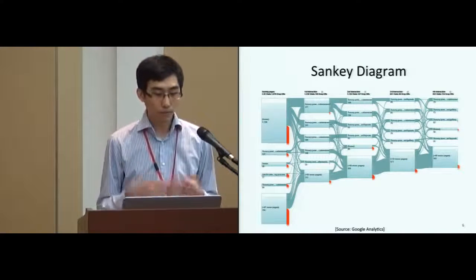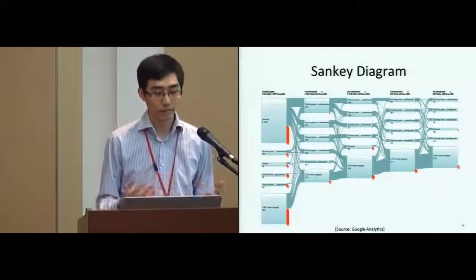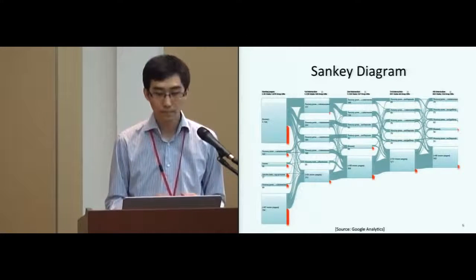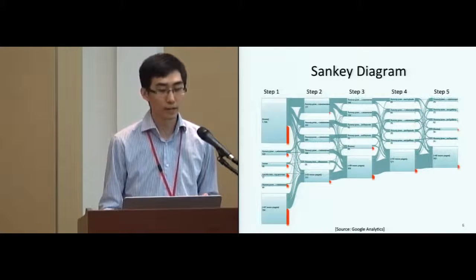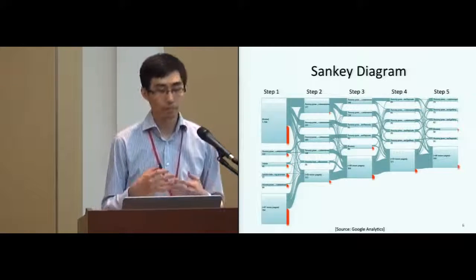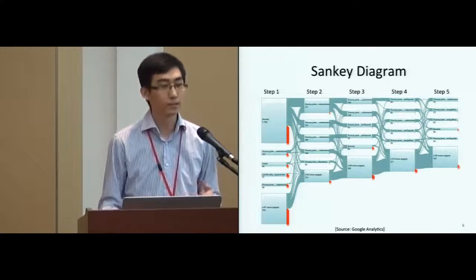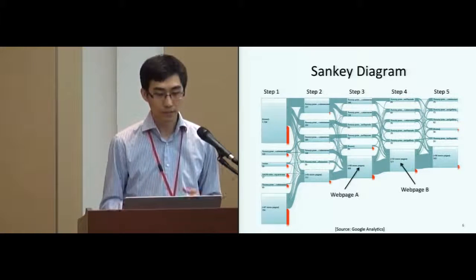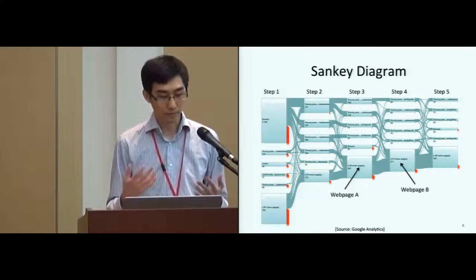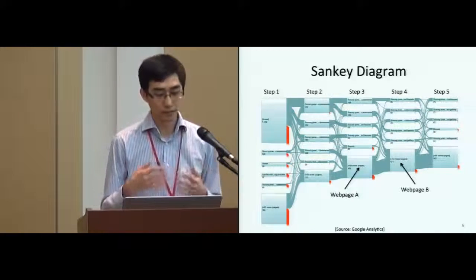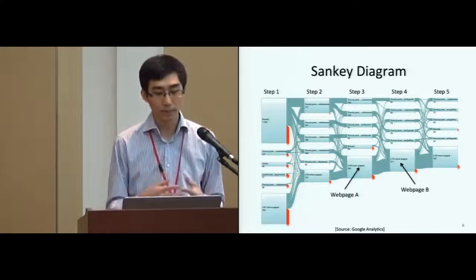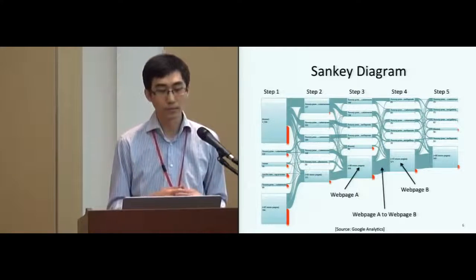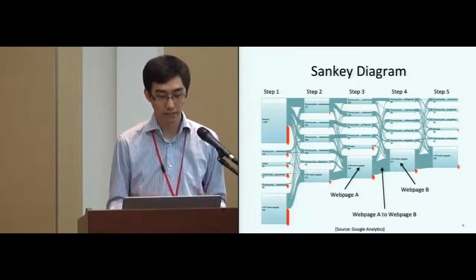One of the popular visual analysis methods for this kind of log data is the Sankey Diagram. The Sankey Diagram aligns all the event sequences based on steps, and then further aggregates them based on page visits. For example, here, the user volume visiting a particular page at a particular step is shown as a rectangle, and the user traverse between 2 pages is shown as a link.